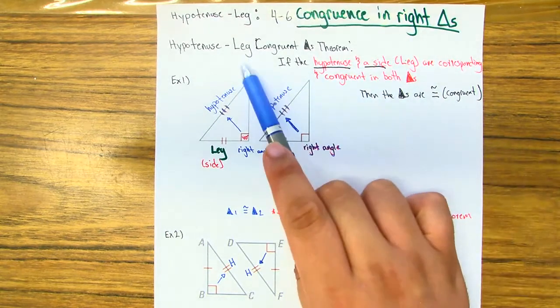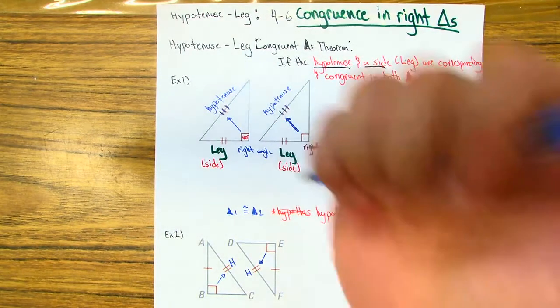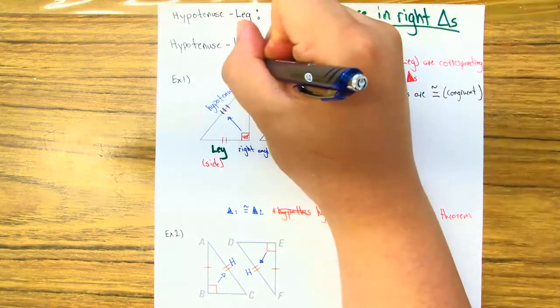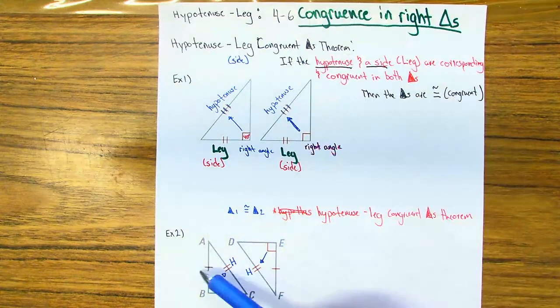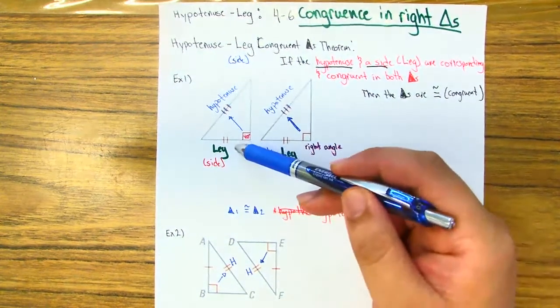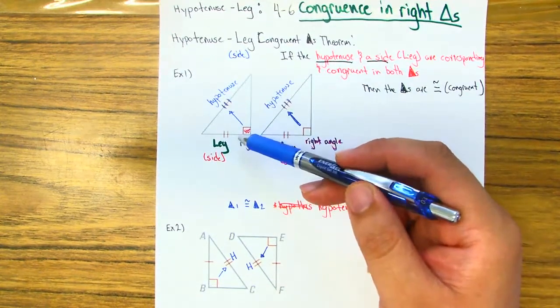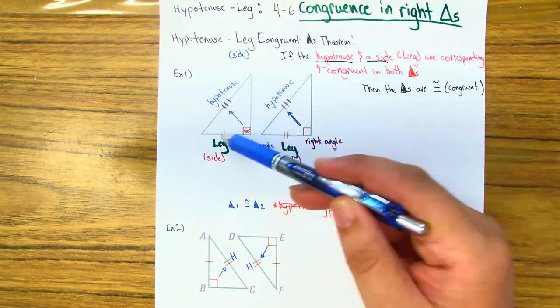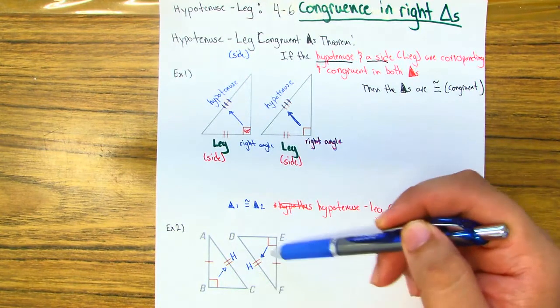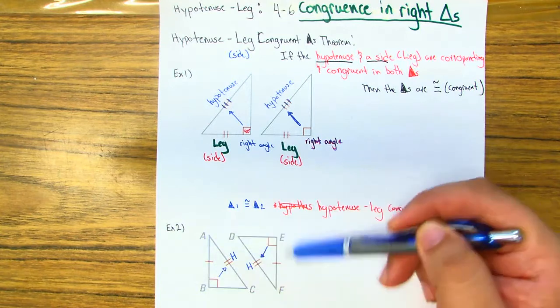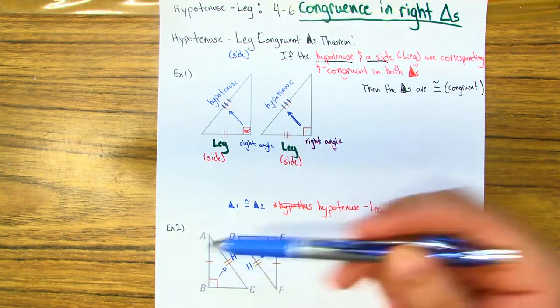Now we just need a leg to be congruent, another side. This is different from the first example, where the congruent side was the short leg. Now it's the longer leg that is congruent to each other.